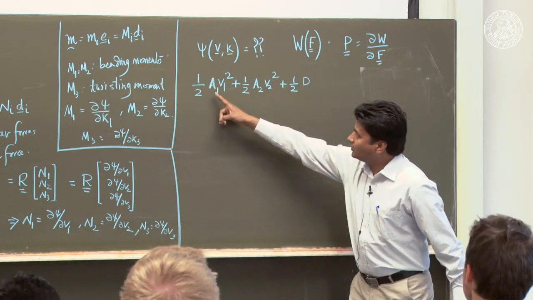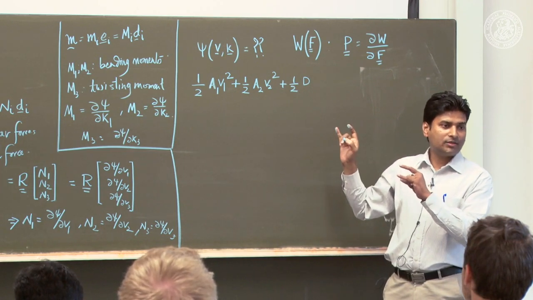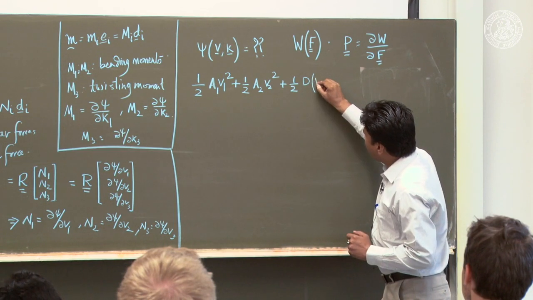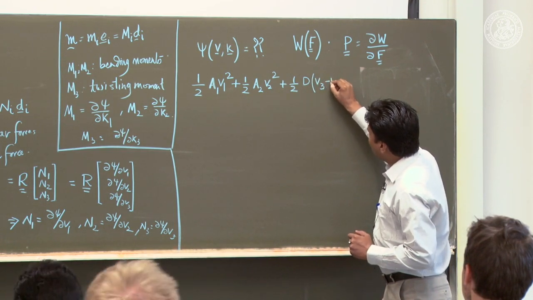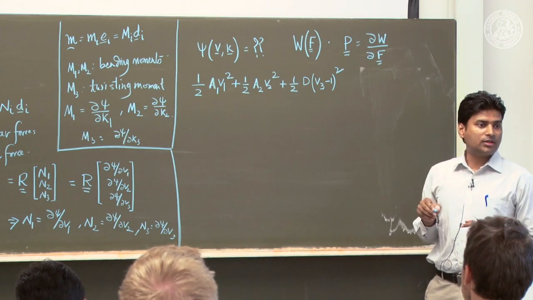Why am I using these constants A, D? Because that's how it is used in the literature. You see V3 is the axial stretch.